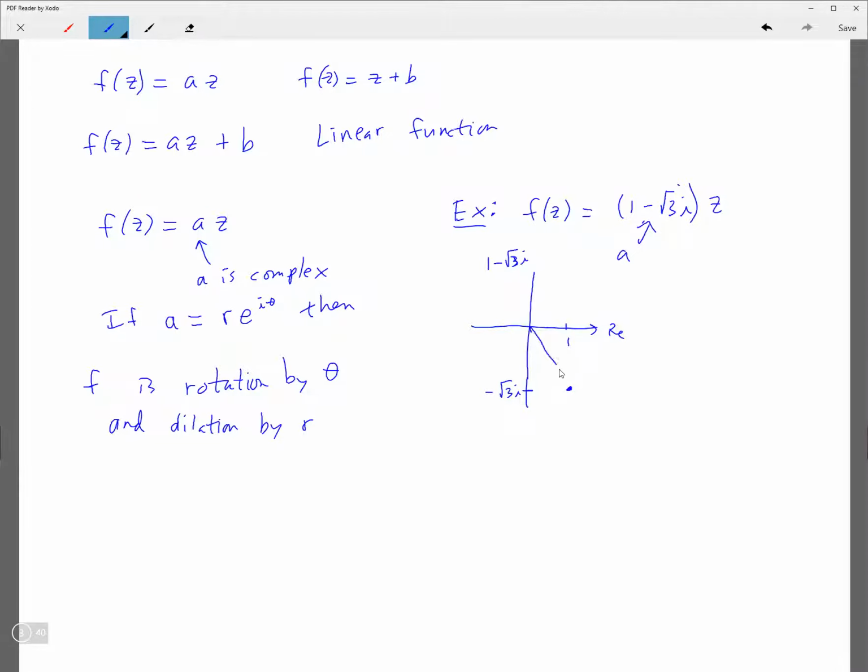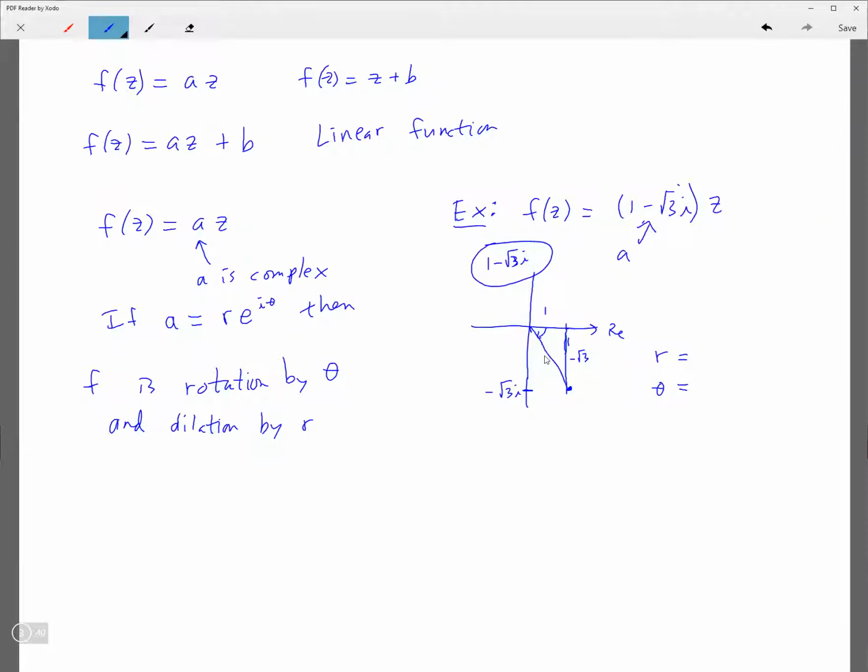Okay. So this forms a triangle. That side is length 1. This side is length root 3, but it's down. So what is your r going to be, and what is your theta going to be for this number?